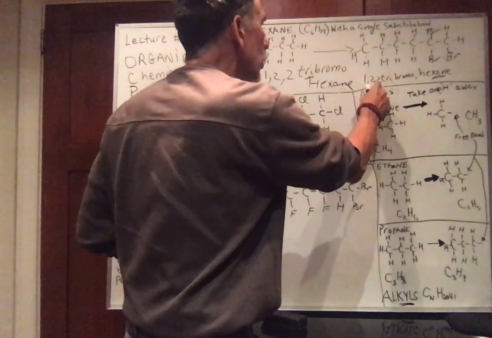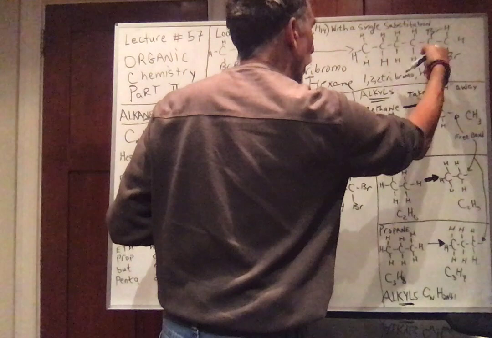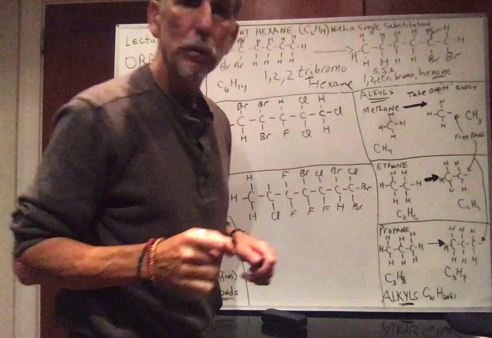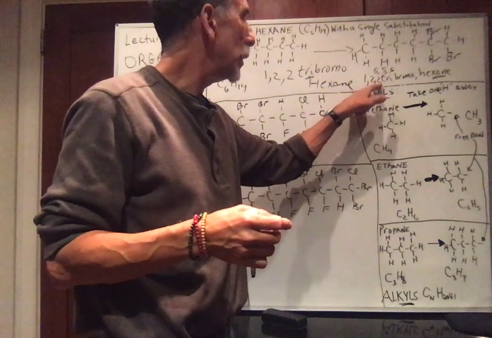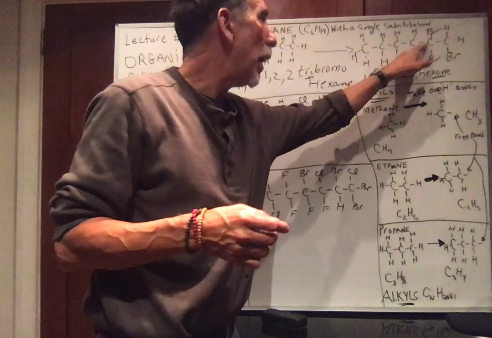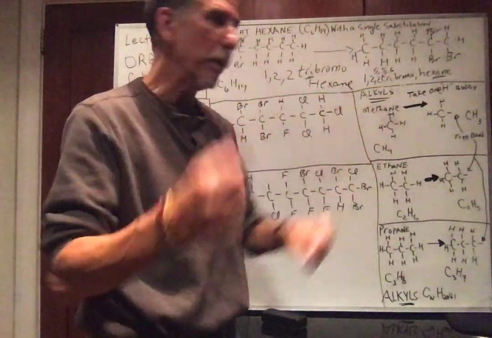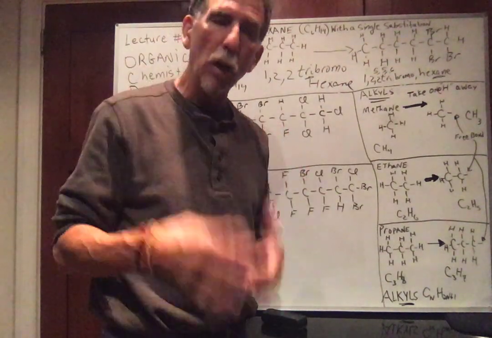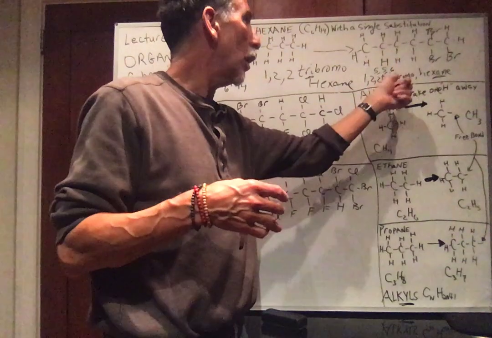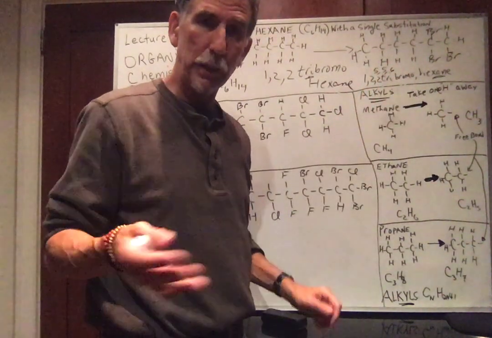So 1, 2, 2 is a lower number than if I count from left to right and made it 5, 5, 6. Does everybody see that? You have to look at it both ways, three-dimensional, and see what gives the lowest number. 1,2,2-tribromohexane is a lower number than 5,5,6-tribromohexane.